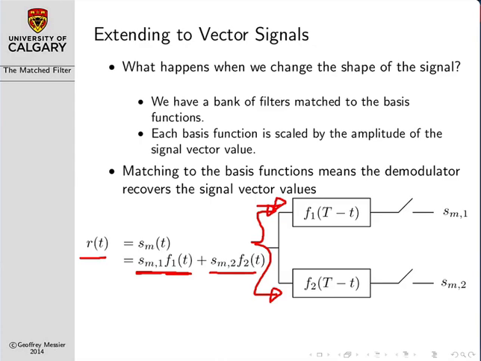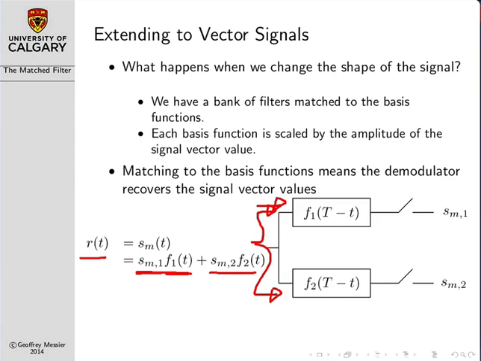And you might look at that and say, well, geez, does this cause interference or some kind of performance degradation? Luckily, it doesn't, thanks to the orthonormal nature of the basis function set. I'll demonstrate that in the next slide.